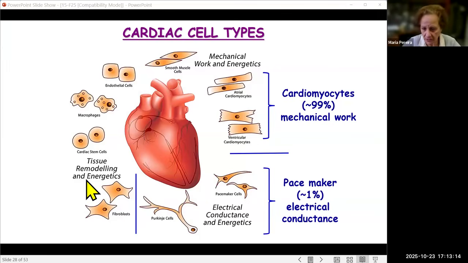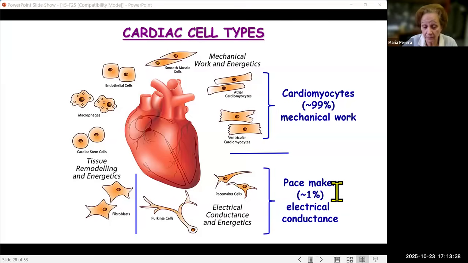Then the heart has other types of cells. Yes, so if you have tachycardia, bradycardia, arrhythmia, which is what you are referring to, arrhythmia means an abnormal heartbeat. Yes, it's the pacemaker that is not working properly.